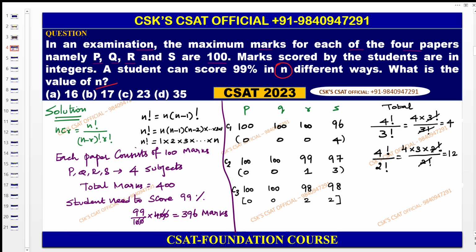This can be arranged in how many ways? Total 4, therefore 4 factorial ways, with zeros repeated twice, therefore 2 factorial, and 2 repeated twice, therefore 2 factorial. So this can be written as 4 into 3 into 2 factorial by 2 factorial, which is nothing but 2, and one more 2 factorial you can cancel. Now here you can simplify, then 2 into 3 is nothing but 6.